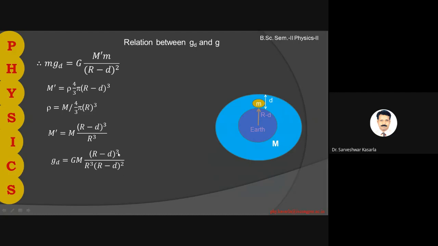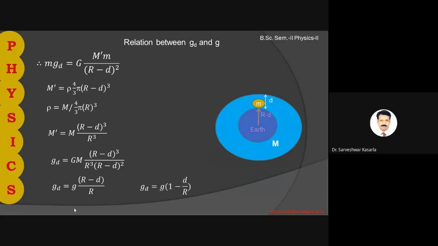So here it is cube and it is square, so after cancelling this you will get finally g_d is equal to g into (R minus d) upon R. Because GM upon R square is equal to g. So out of this R cube, R square is included in g and the remaining R will be here. So this is the expression for the acceleration due to gravity at depth d.